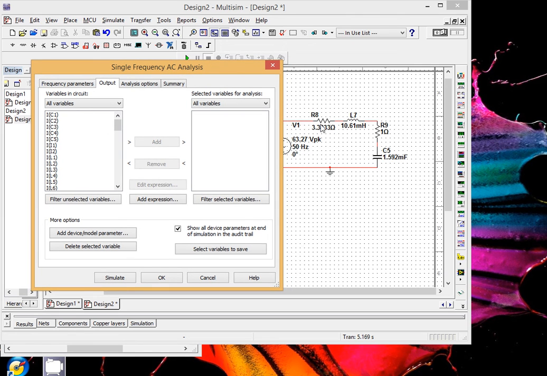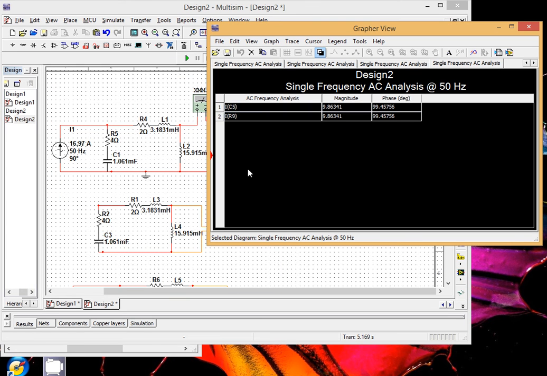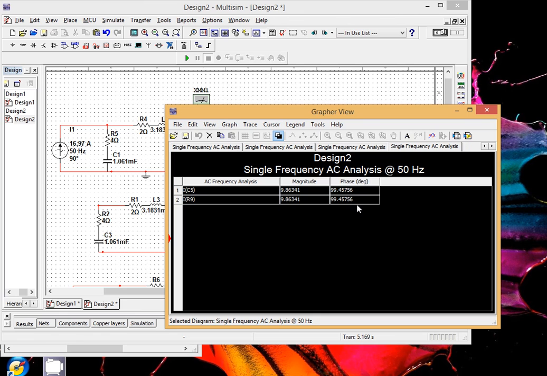So you can simply take any value, maybe current for R9. It should be the same. Okay, current for R9. Maybe you can add another one, current for C5, and then click simulate. Yeah, okay, so this is the answer. Okay, so this is how to analyze an AC circuit using Thevenin's theorem in Multisim.